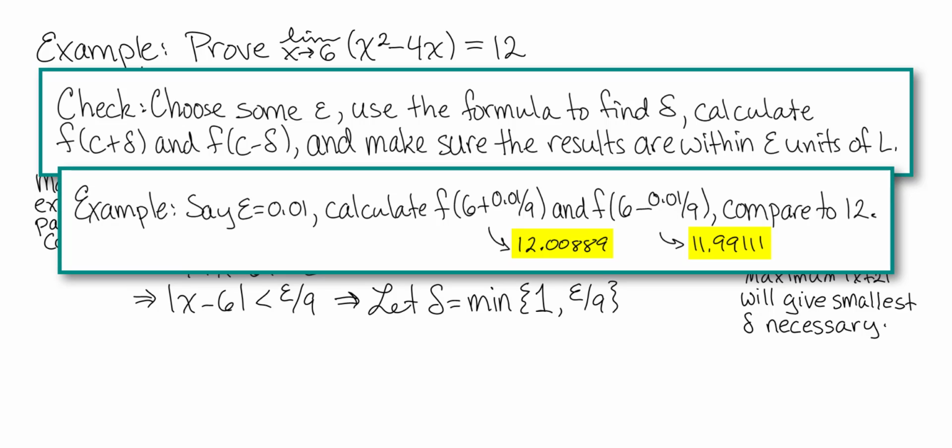However, it's not just that these values are close to 12, they're within 1/100th of 12. They are closer than 0.01 of 12. So that when we pick an x value within delta units of 6, we now have y values, f of x's, within epsilon units of our limit, 12.